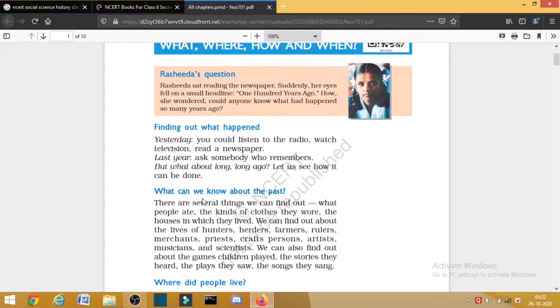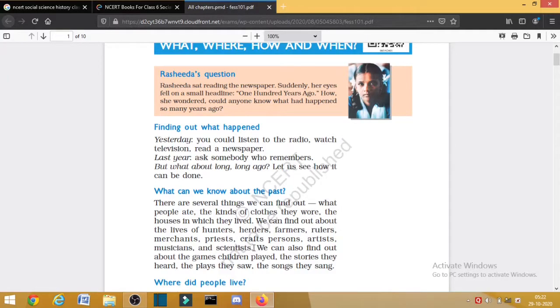What can we know about the past? Past means those days which have gone. There are several things we can find out: what people ate, the kinds of clothes they wore, the houses in which they lived. We can find out about the lives of hunters, herders, farmers, rulers, merchants, priests, craftspersons, artists, musicians, and scientists.